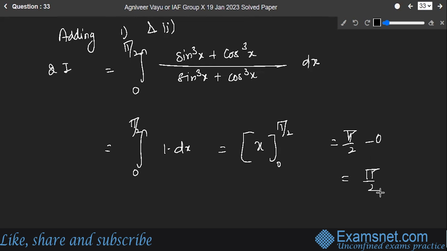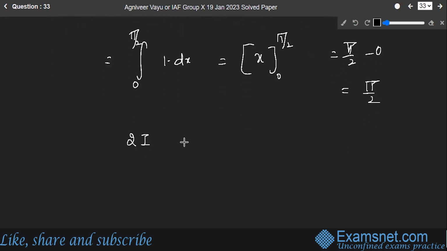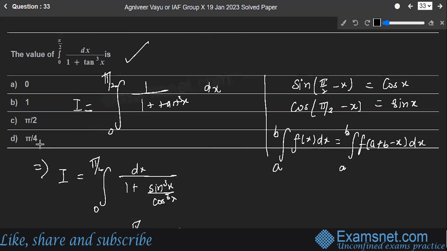That is equal to pi by 2. Now you have 2I is equal to pi by 2, which gives you I is equal to pi by 4. So this is the answer to the question, pi by 4, option D.